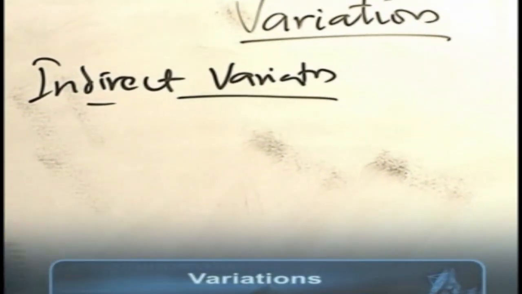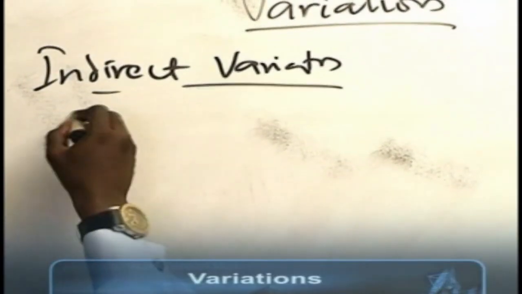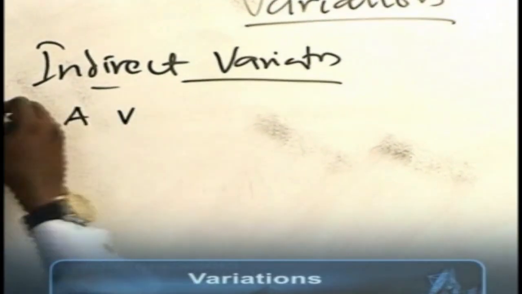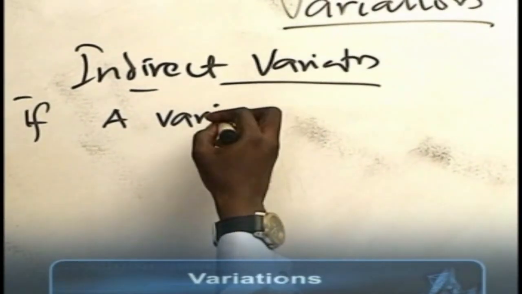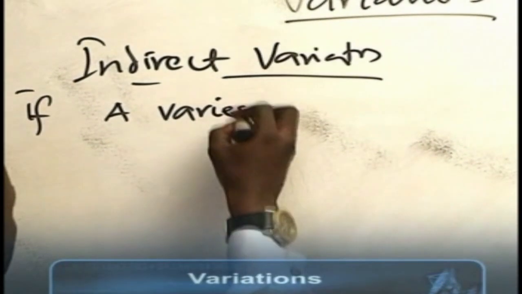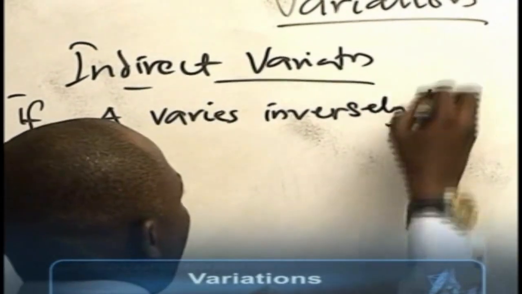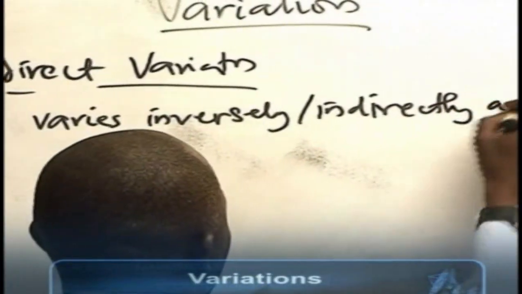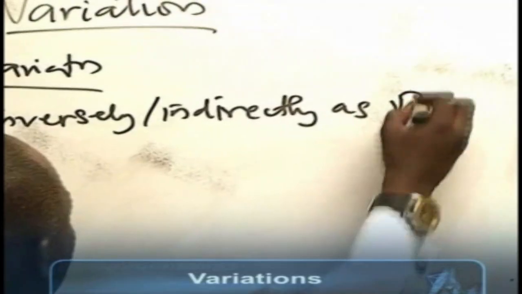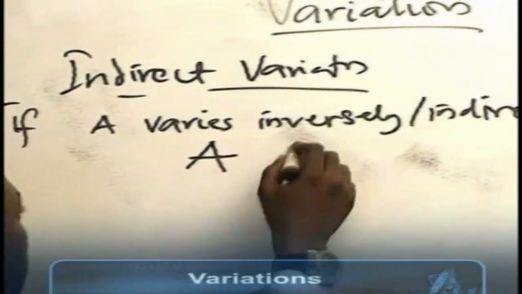If this happens, let's say we're looking at A and B. If A varies inversely or indirectly as B, it is represented like this.